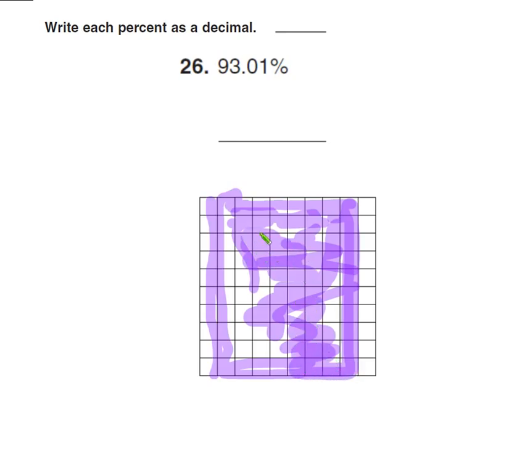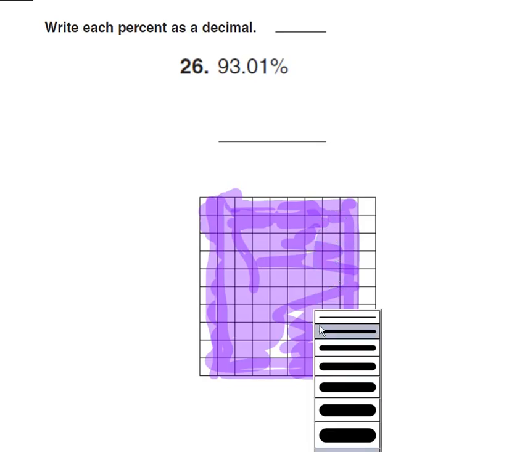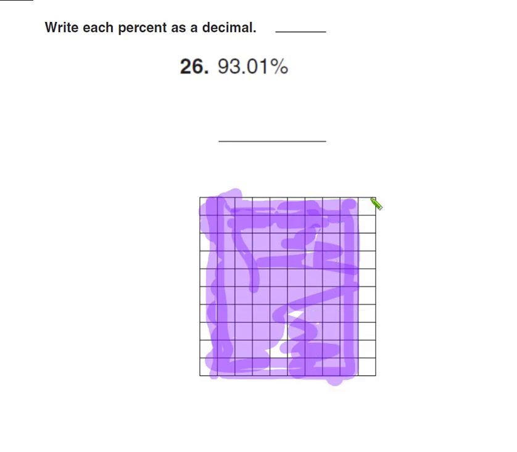And so this 1/100th of a percent, 93%, 93 1/100th of a percent. That means what I have to do, now I need something really small. I have to cut this square into 100 pieces, so I have a little teeny sliver of it. So this is 93 1/100th percent.